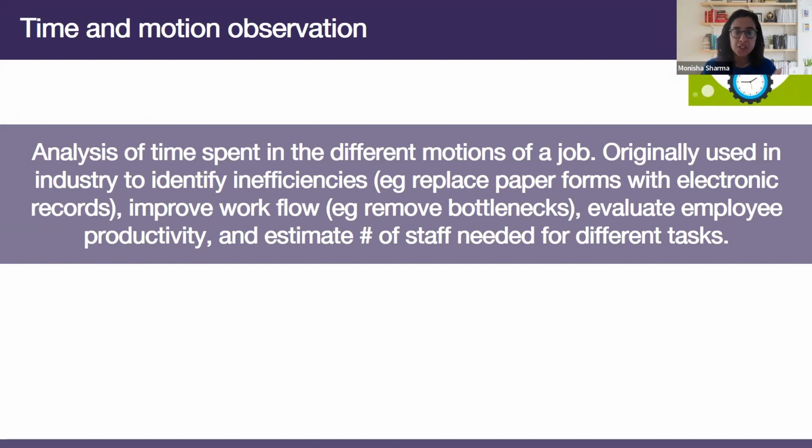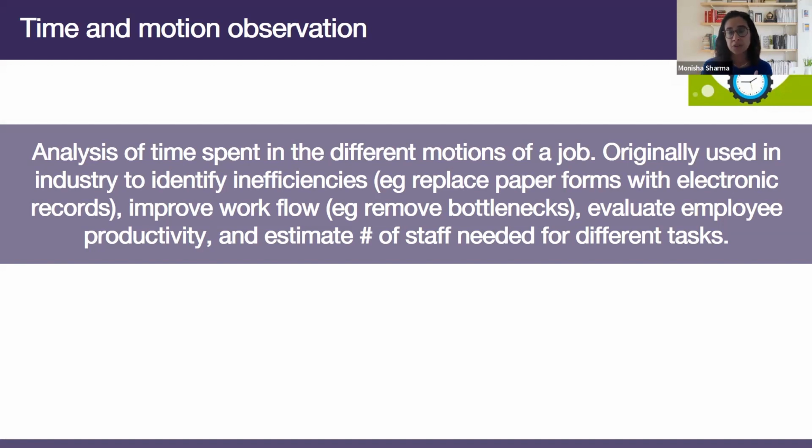This was originally used in systems engineering and industry to optimize workflow and identify inefficiencies. For example, you could conduct a time and motion of a process and decide that workers are spending a lot of time filling out paper forms, and you could replace them with electronic forms that are easier and quicker, and you could optimize the workflow.